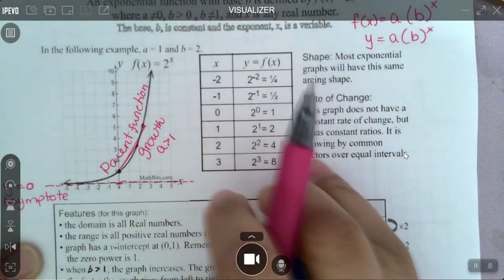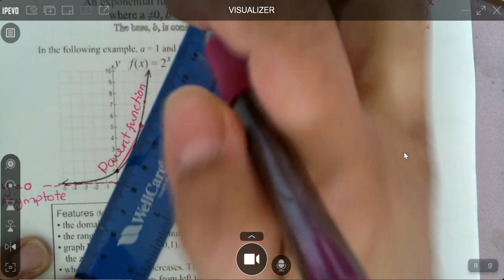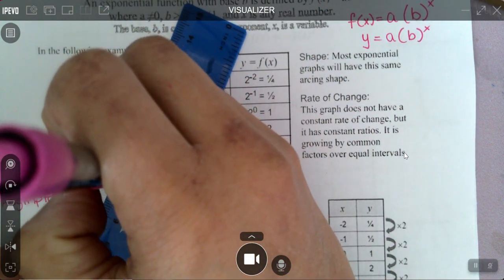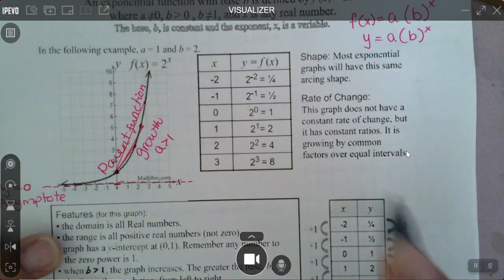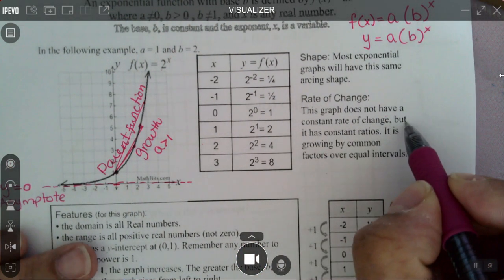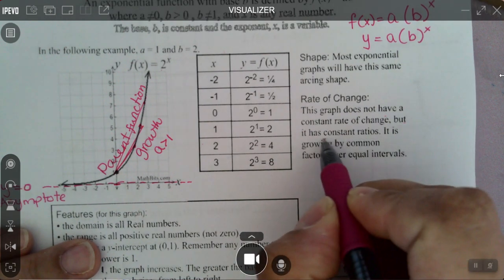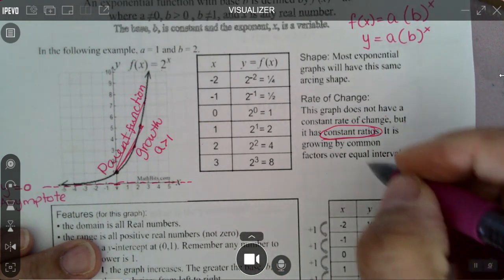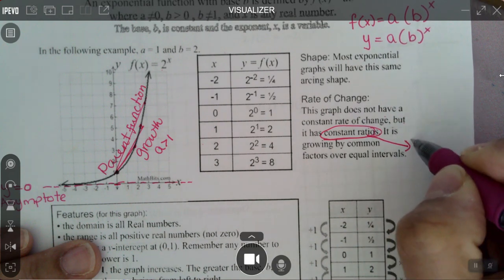No. So the rate of change is not the same. So this is not a straight line. So that's what they mean by this graph does not have a constant rate of change, but it has a constant ratio, a constant multiplier.